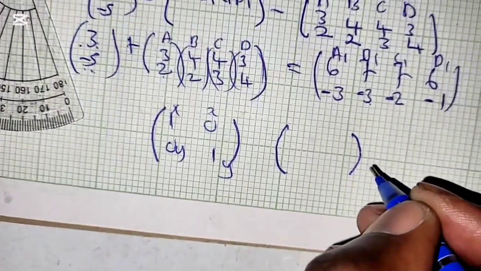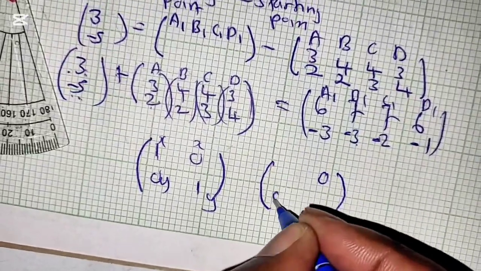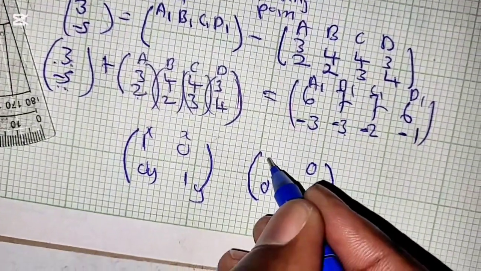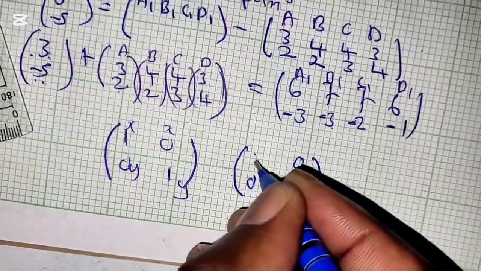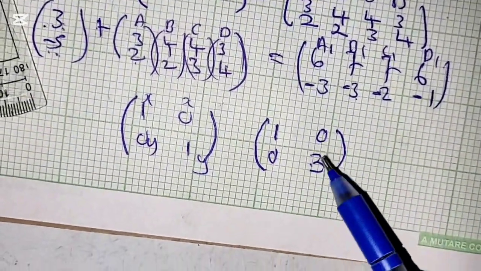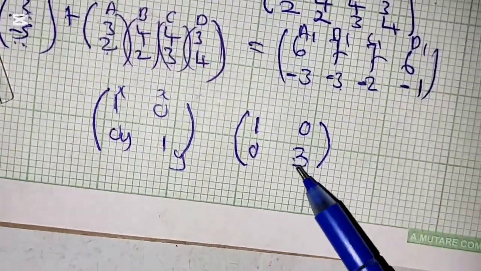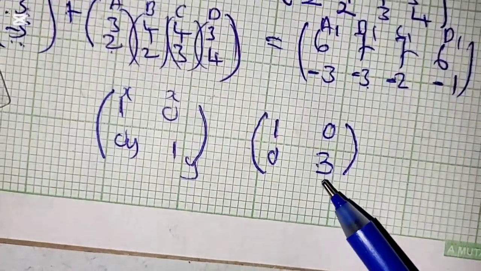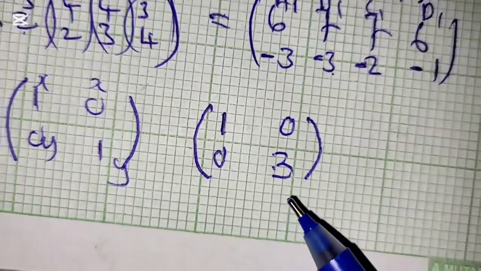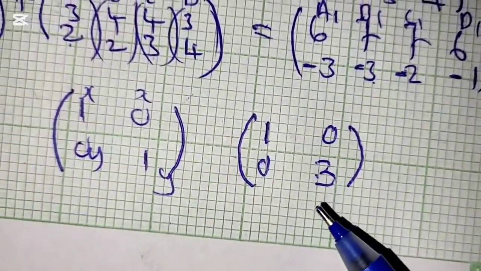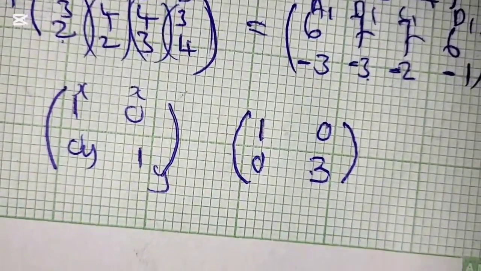So you say parallel to x-axis. So that's 0 0 here. So we are not going to put 3 here. We're going to put 3 on the y-axis. So I'm going to put 3 on the y-axis like this. So this one simply says one-way stretch factor 3, x-axis invariant or parallel to x-axis, which means opposite to x-axis. So it's on the y-axis.